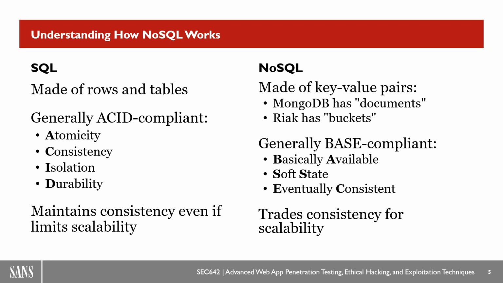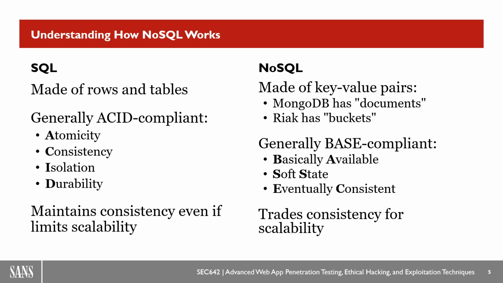So maintain consistency even if it slows us down, even if it limits scalability, which means, for example, relational databases often do something called journaling. Journaling means they save a copy of all the transactions that they've written to the database. So if you suddenly cut power to the database, you should be able to recover the database and replay the journal to see what has happened since your last snapshot. So you get that consistency, that ability to recover, but it slows you down.